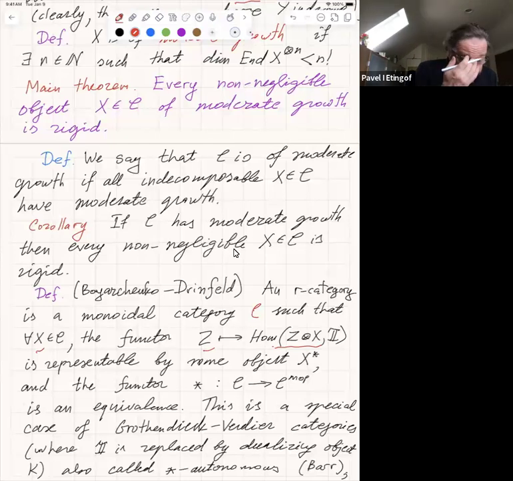This will have to be a functor because by the Yoneda lemma, the assignment from X to X star is a contravariant functor from C to the opposite category of C.